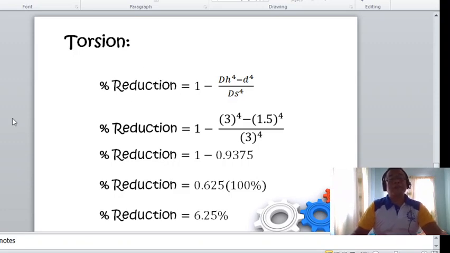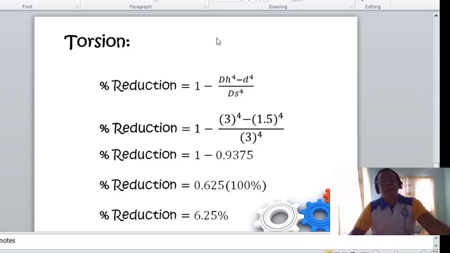So, substituting values now, class. Percent reduction is equal to 1 minus 3 raised to 4 minus 1.5 raised to 4, over 3 raised to 4. So that is now 1 minus 0.9375. Therefore, the percent reduction now is 0.0625. So multiplying it by 100%, the total percent reduction in the strength of the hollow shaft is 6.25%.